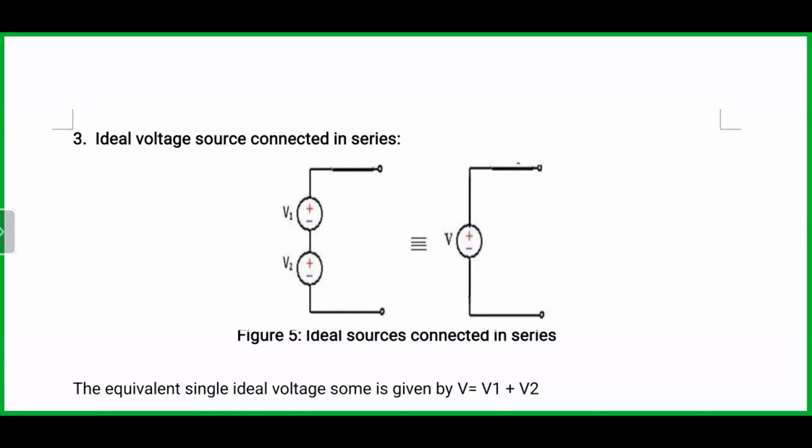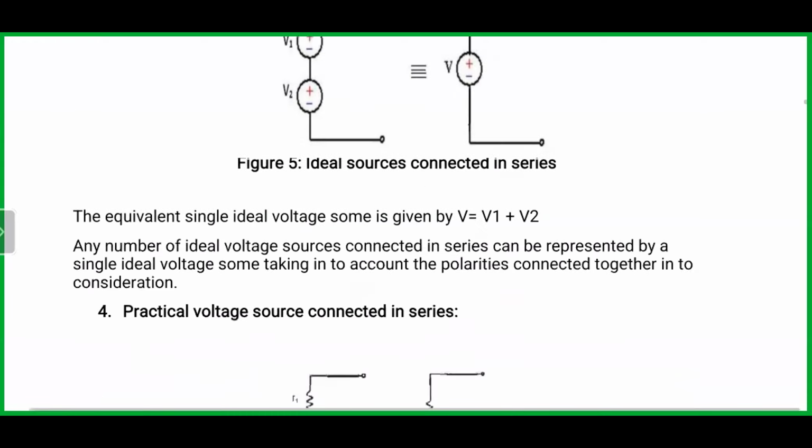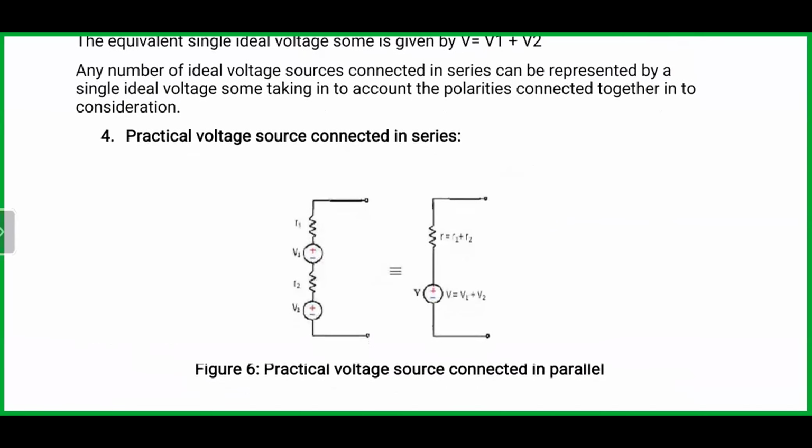But if it is current, it will be in parallel so that you increase the current. We increase current by building the batteries in parallel. Then you are increasing current. The current stays constant for a series battery. Meanwhile, the current increases for a parallel circuit. So you see that.